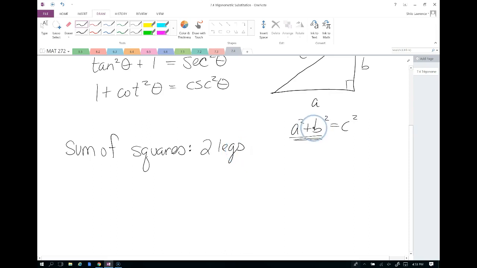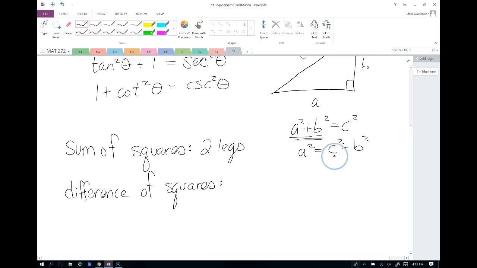If I were to pull one of these terms from the left over to the right, we could also write this as a squared equals c squared minus b squared. So anytime you see a difference of squares like this, we want to remember that the first term is always the hypotenuse.